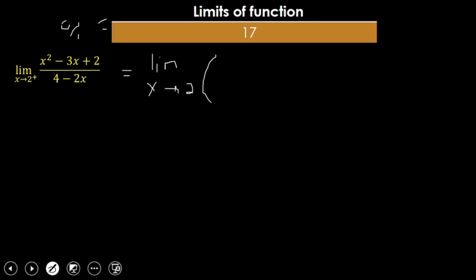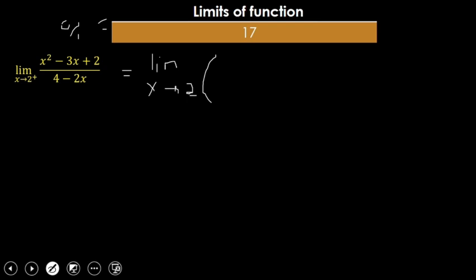Okay, we proceed by taking the limit as x tends to 2 of x squared. We substitute directly, 2 squared, that is 0 on that, 0 on that, that is undefined.